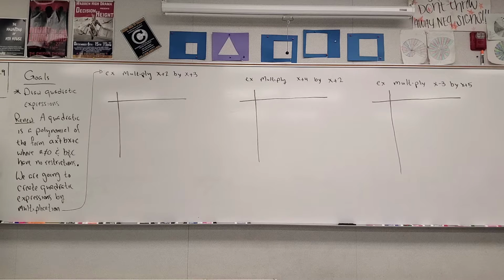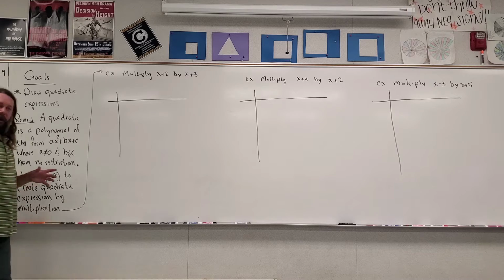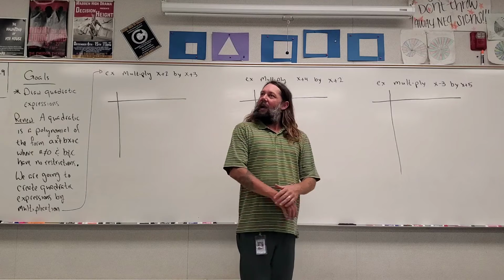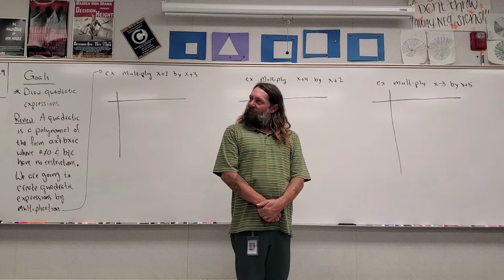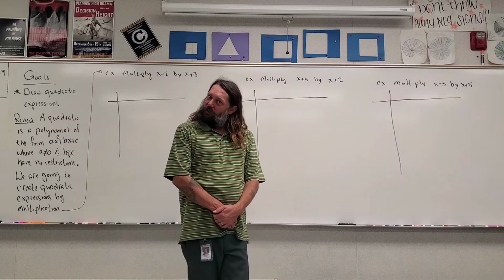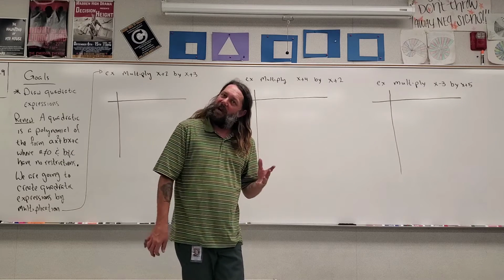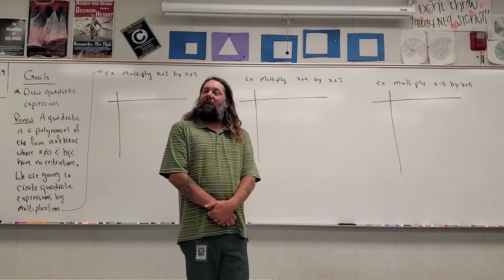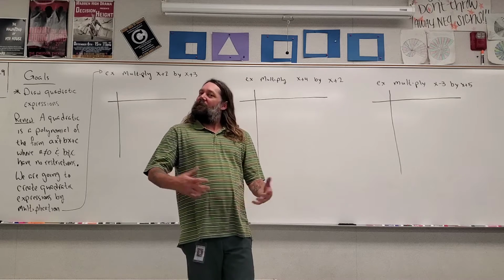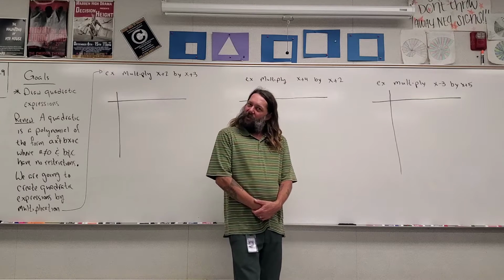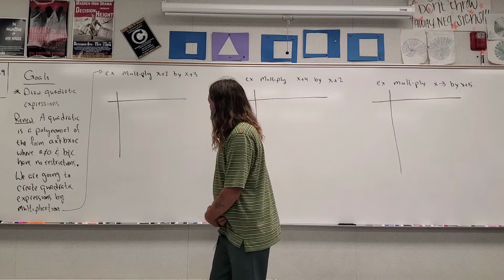So what we're going to do is create quadratic expressions by multiplication. Now, this approach is a purely visual approach. And the hope of this series of lessons is that you will be able to visualize the quadratic and then factor it. But in order to visualize the quadratic as whatever shape it's going to be, we need to learn how to make that shape from its factored parts.